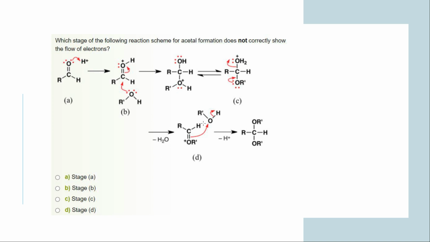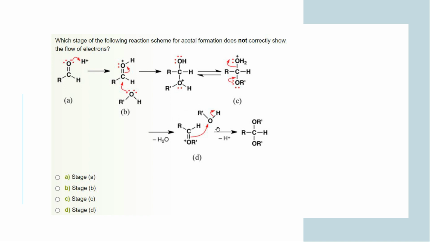So yes, you are being given the second molecule of alcohol, but what is happening here? You need to attack the electron deficient carbon to neutralize this oxonium, and the donation will happen from the electron rich oxygen of the alcohol molecule.